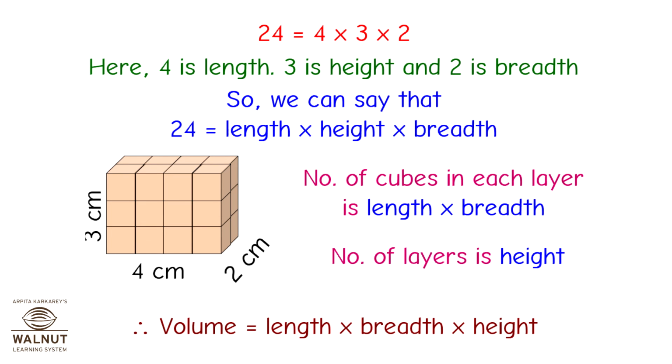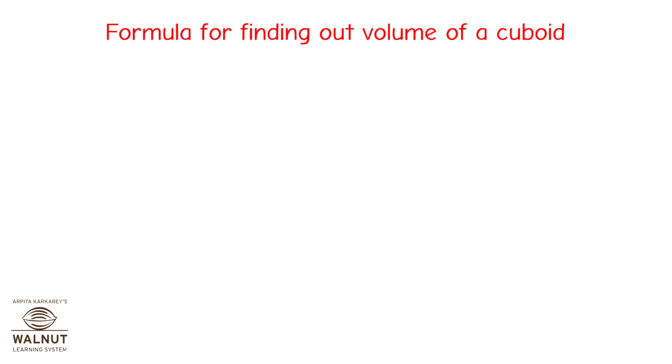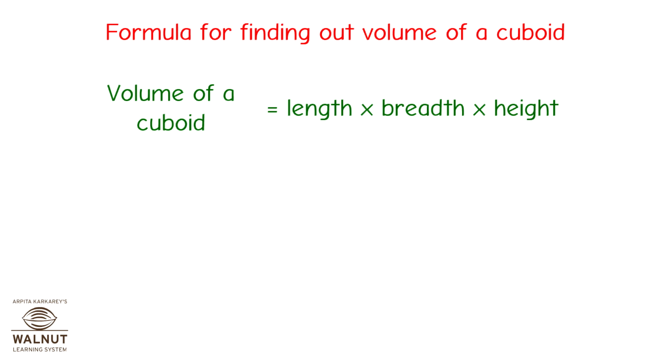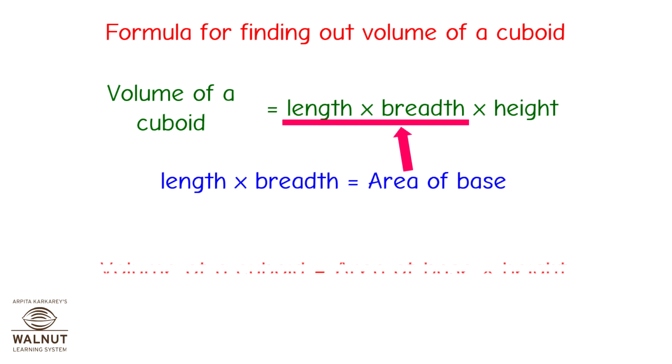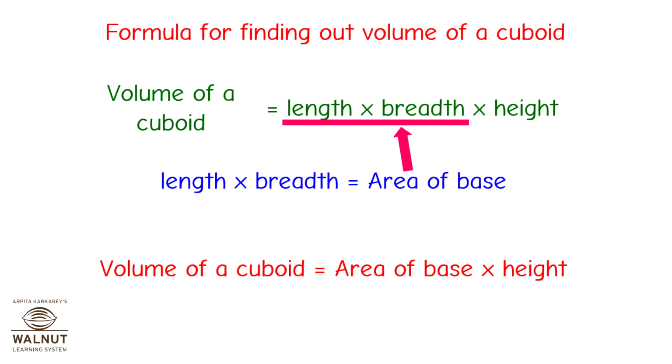Therefore, volume is equal to length into breadth into height. Formula for finding out volume of a cuboid. Volume of a cuboid is equal to length into breadth into height. Length into breadth is equal to area of base. Volume of a cuboid is equal to area of base into height.